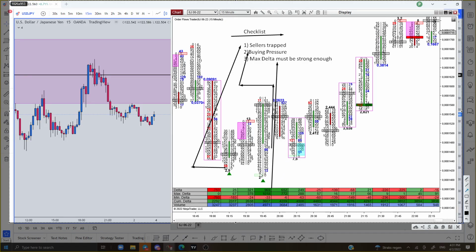doubting because I didn't like that these buyers are coming on the wick, so I was waiting. This candle I waited. Next candle, which is this one, check here, the buying is coming where?